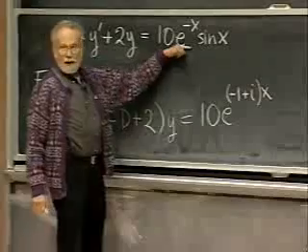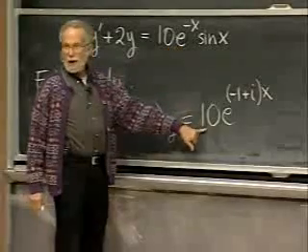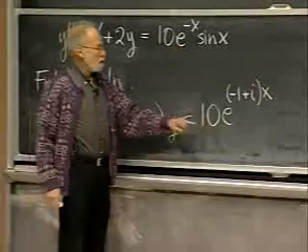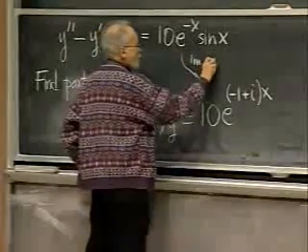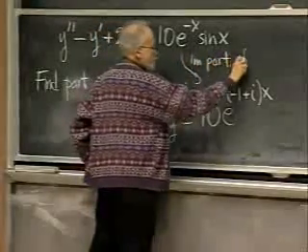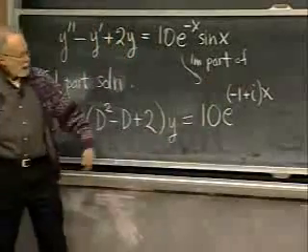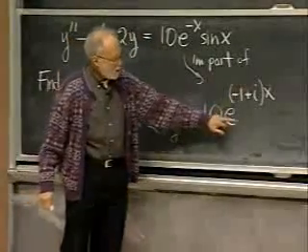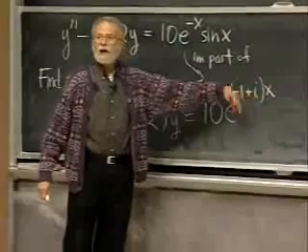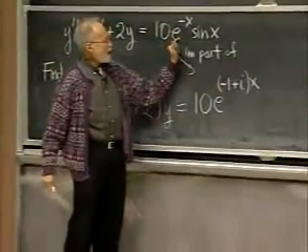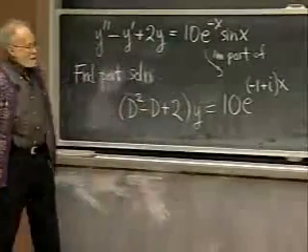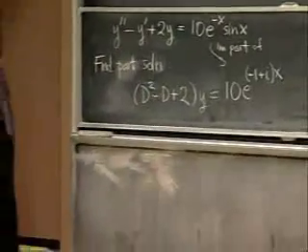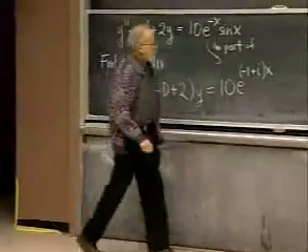This is the imaginary part of that guy. e to the negative x times e to the ix, and the imaginary part of e to the ix is sine x. The 10, of course, just comes along for the ride. Okay.